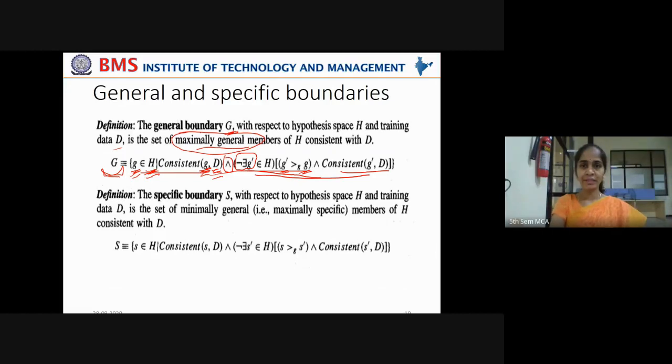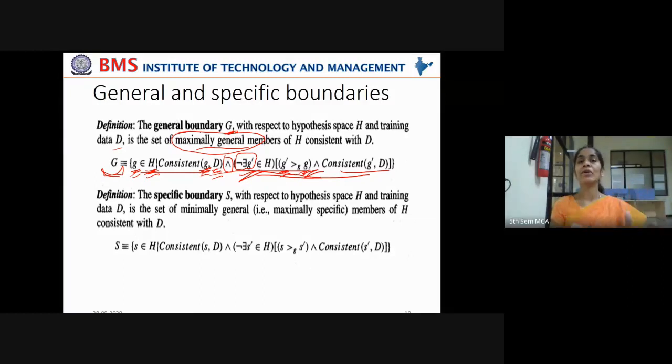There should not exist any G dash that belongs to the hypothesis space where G dash is strictly more general than G. Got it? Strictly more general than G, and G dash is consistent with D. Meaning there should not be any hypothesis G dash which is consistent with D and is more general than G in that hypothesis space.